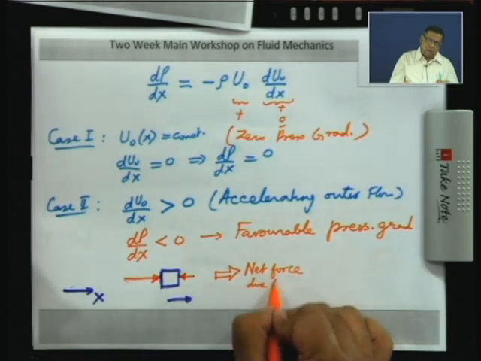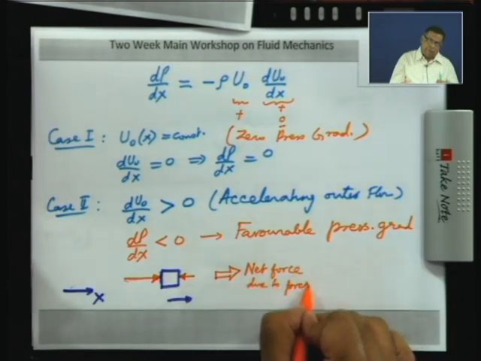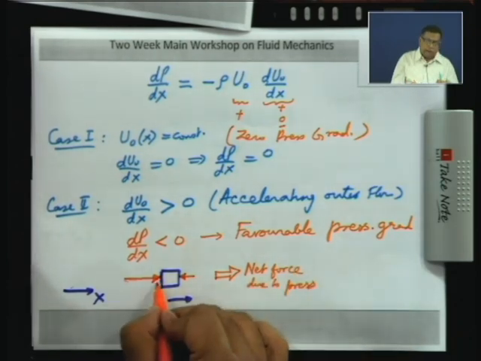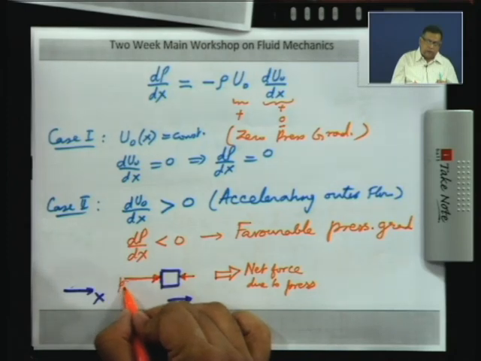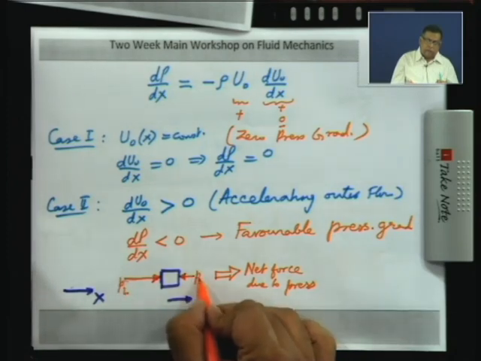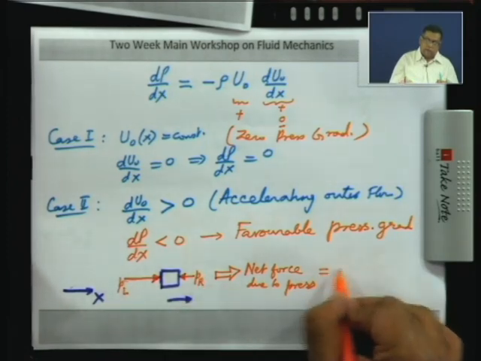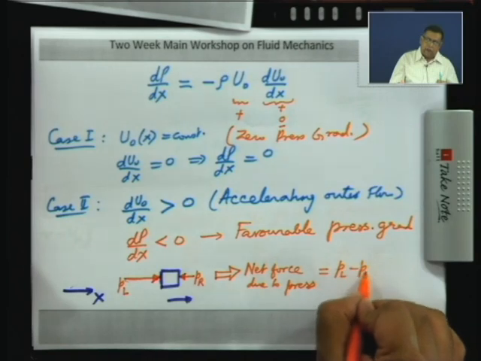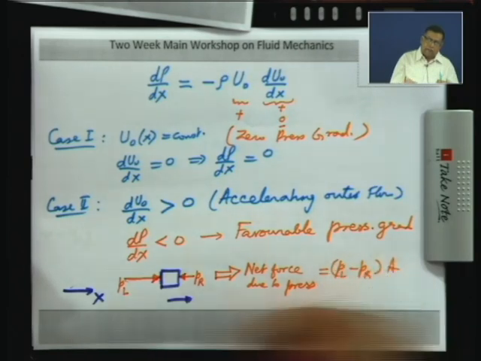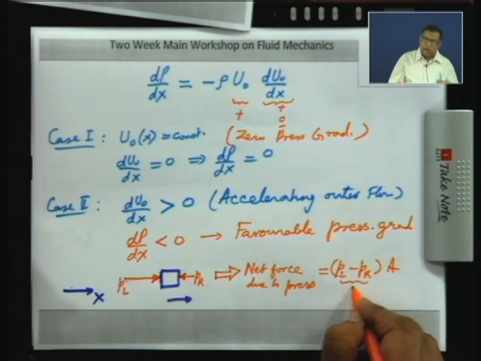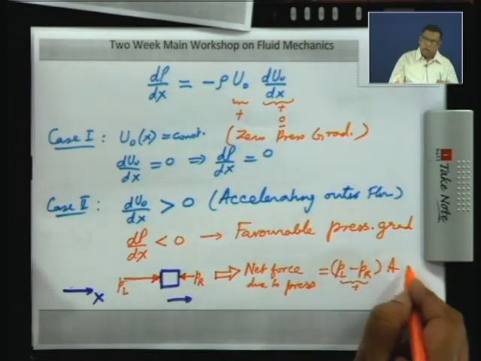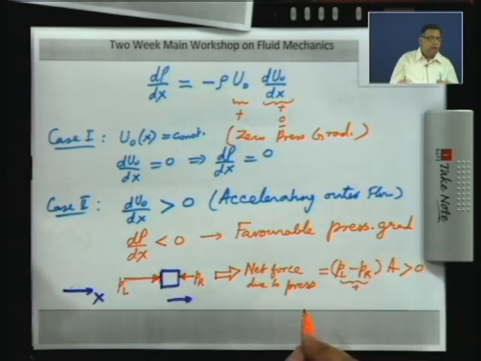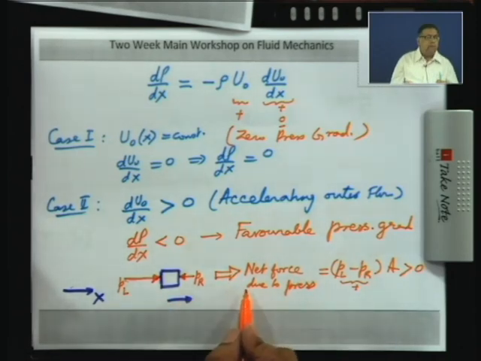So, this is the net force due to pressure. If I call this the left face PL, and this the right face PR, the net force is PL minus PR into the area of this face over here, and this is positive. So, the net force is positive and it is acting in the same direction as the motion of the particle.